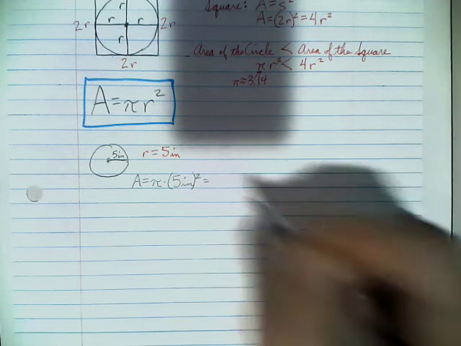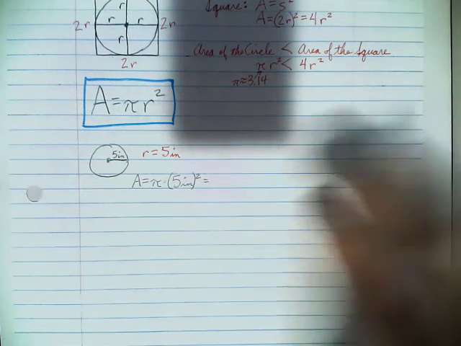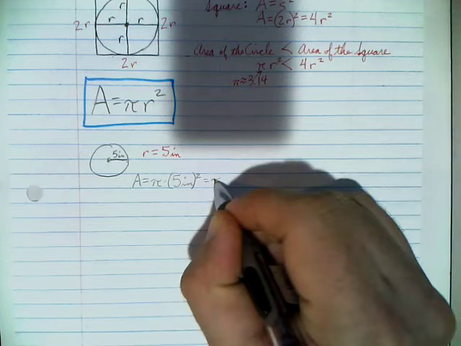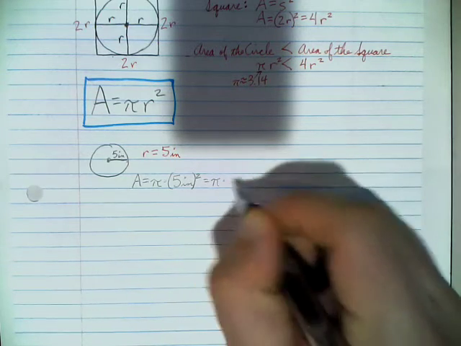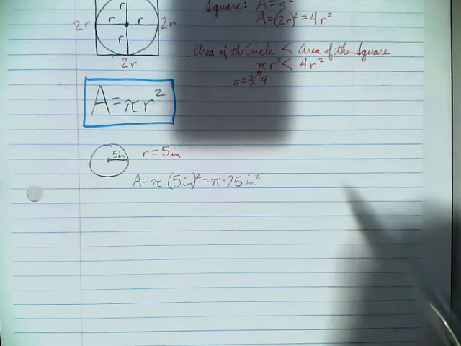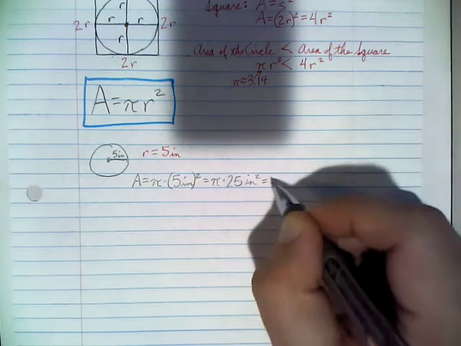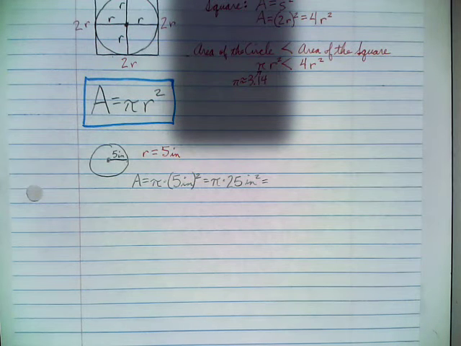All right, so let's finish this up then. So I'm going to take my 5 inches and square it. So 5 inches times 5 inches. Well, I still have pi here at the beginning. But then 5 times 5 will be 25, and then inches times inches will be square inches. Now remember our order. You can look back at the last lesson to see that order again.